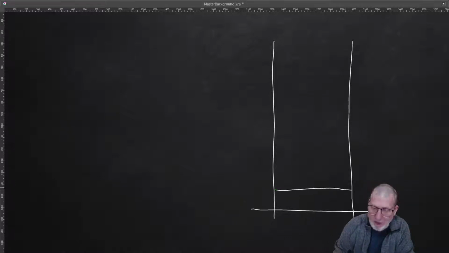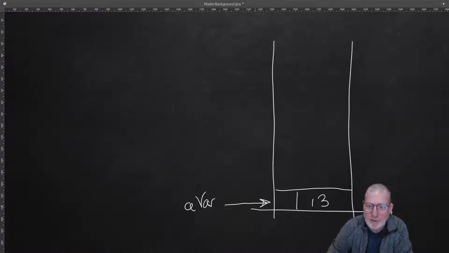So I'm going to carve that off, and put my integer in there. I'm going to refer to it by a variable. Now, this is a reference to this chunk of memory.